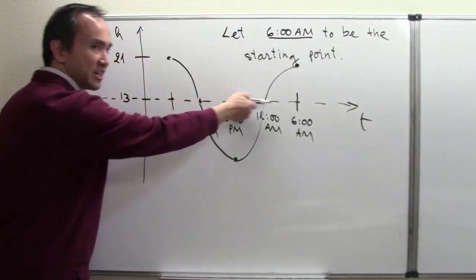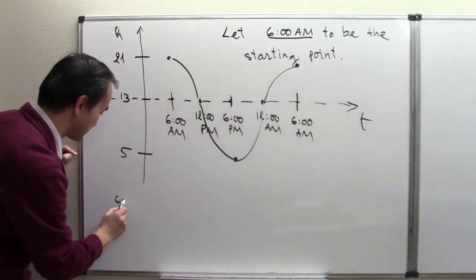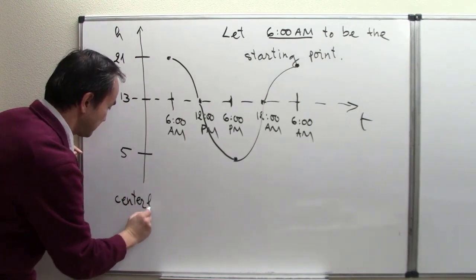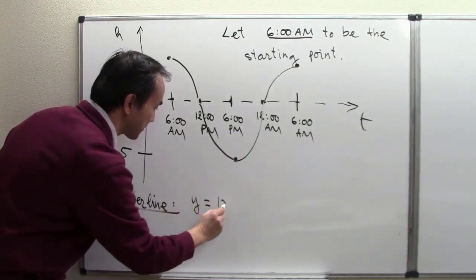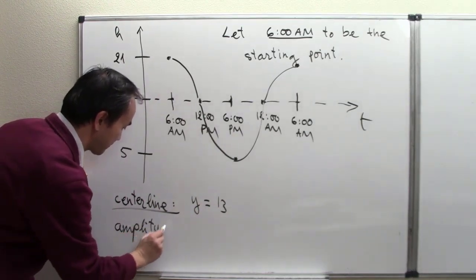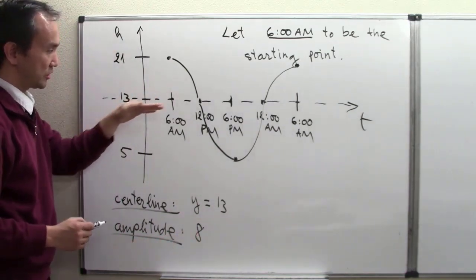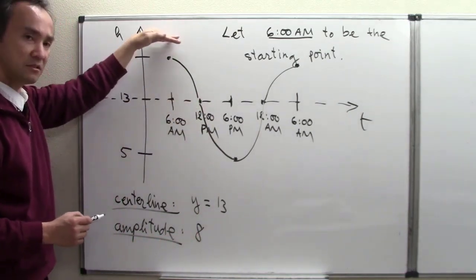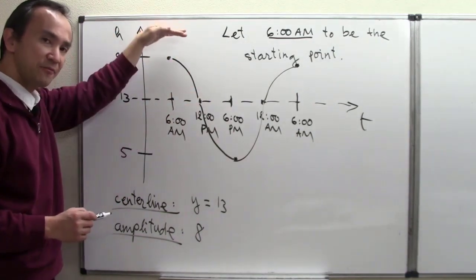The center line is clearly at y equals 13, and the amplitude is 8, because the wave swings 8 feet up and 8 feet down from the mid-tide.